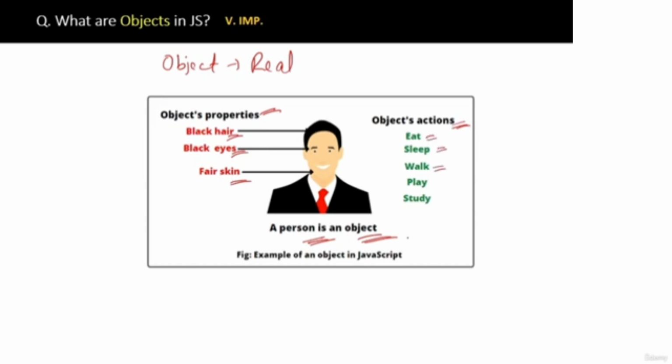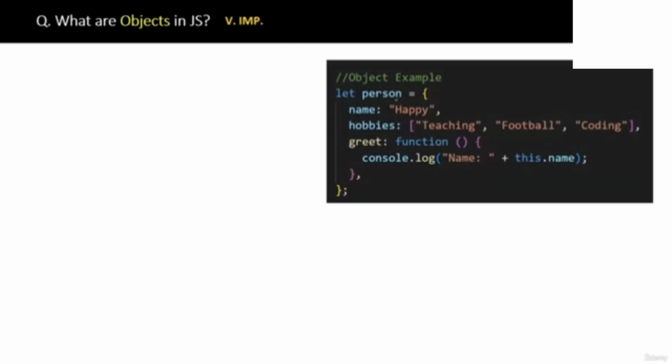Now in JavaScript, the same person object can be coded like this. Here we have the person object, and inside the curly braces, we can define the properties of this object. Basically, key value pairs. Here, the name property is assigned a string value, and not just a string, we can also assign an array as a value for a property.